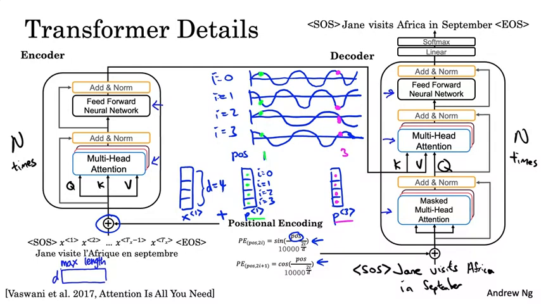So previously, we stepped through how the transformer performs prediction, one word at a time. But how does it train? Let's say your dataset has the correct French to English translation, Jane visite l'Afrique en septembre and Jane visits Africa in September. When training, you have access to the entire correct English translation, the correct output, and the correct input.